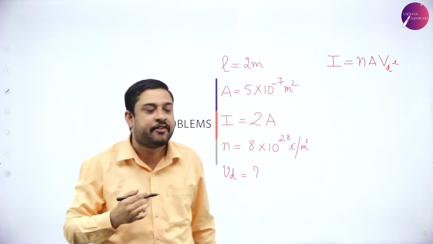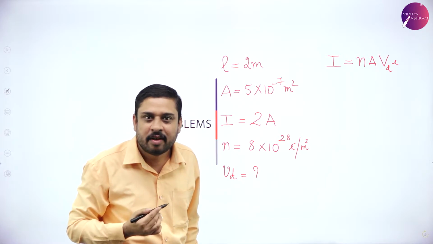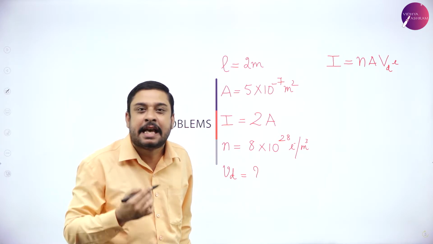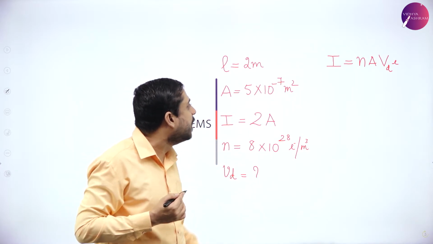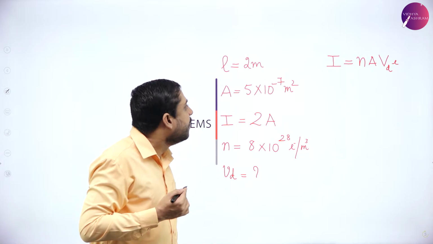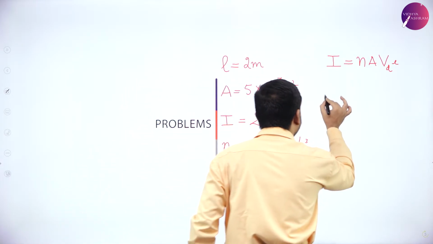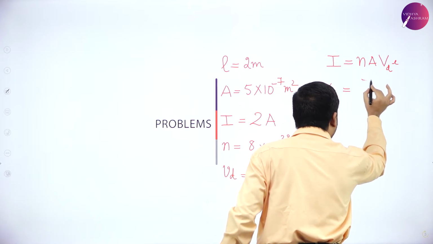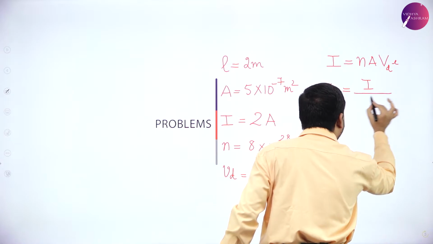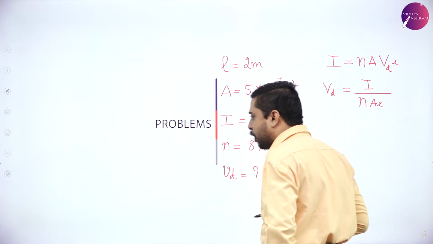We have derived this expression in our session, where e is the charge of the electron. So I equals N A Vd e, from where Vd is equal to I divided by N A e.